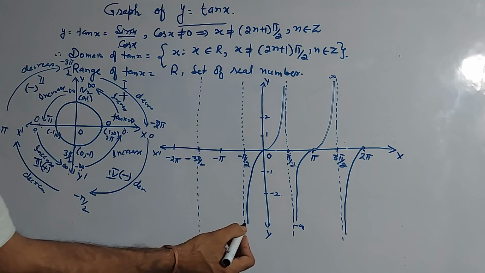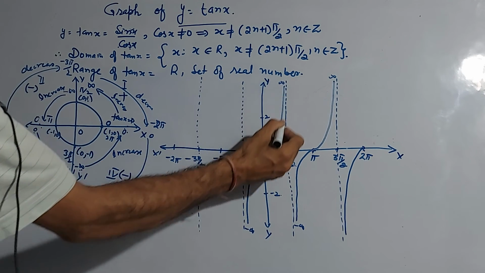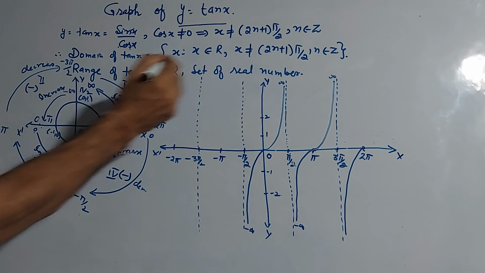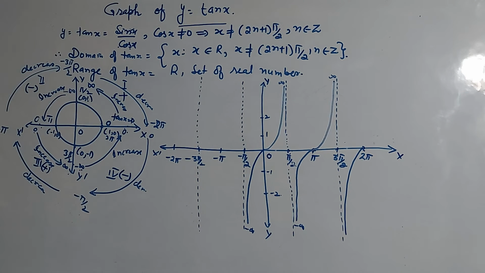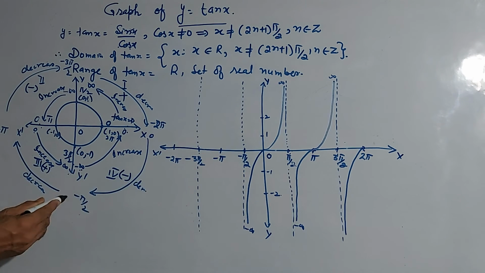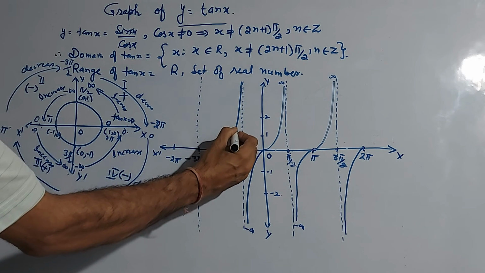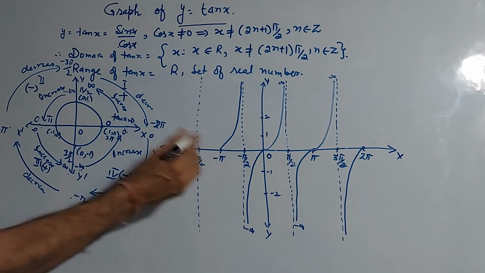Now this is minus infinity here, this is infinity, and the set of images is the range of tan x. Now from minus pi by 2 to 0, the value is from infinity to 0, decreasing like this.